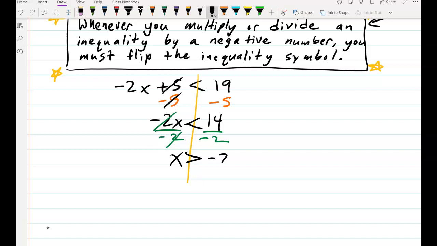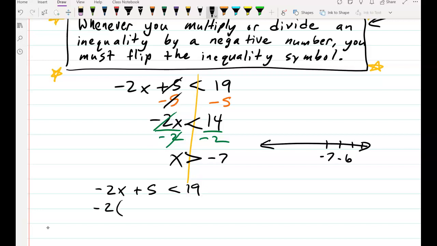And let's see if that's true. So if we, on a number line, right, we find negative 7 on a number line. What's greater than negative 7? Anything to the right, so how about negative 6? So let's put that back into our inequality and test it. Negative 2 times x plus 5 less than 19.